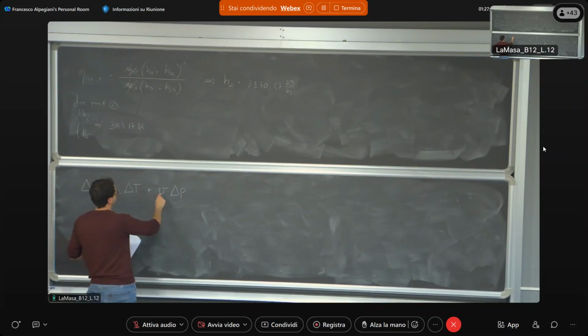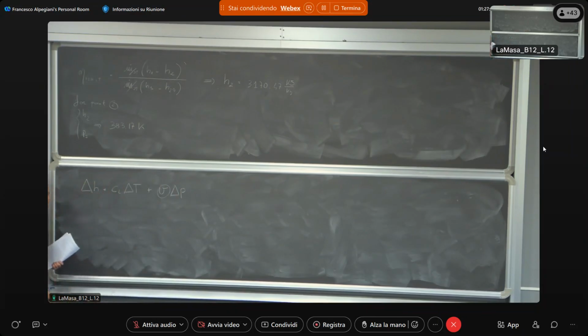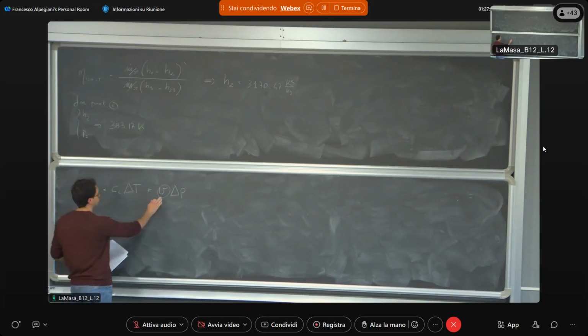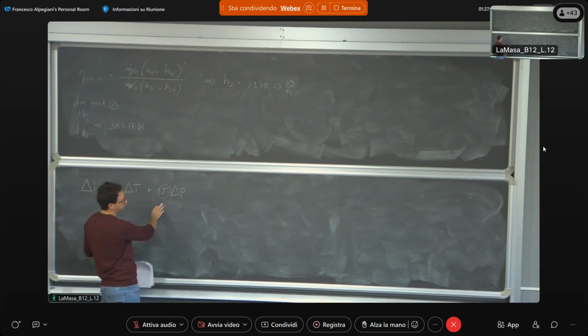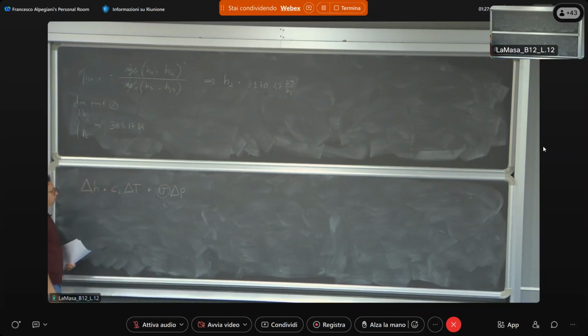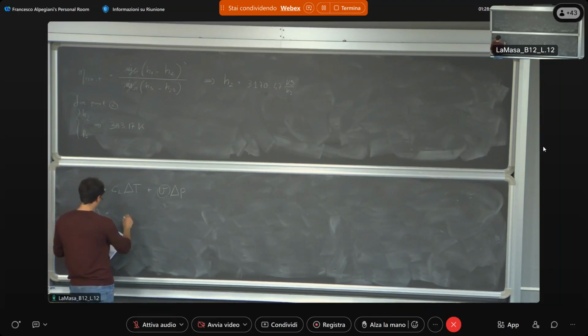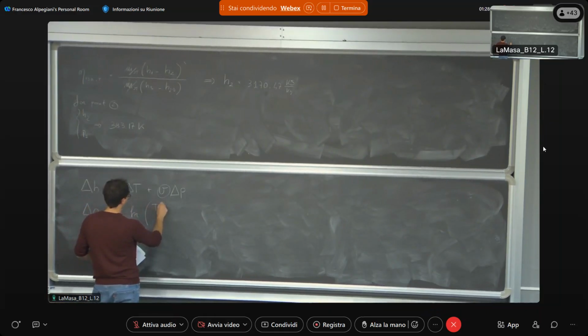And this value v will be constant since we consider the fluid elaborated by the pump as an incompressible fluid, so the density does not change, and since the specific volume is the inverse of the density, also the specific volume does not change. And we can write also the relation for delta S, which will be equal to also in this case a function of temperature, so CL times the logarithm of T over T ref.